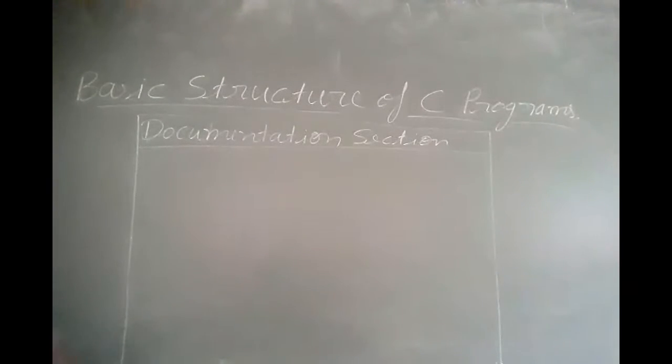We will elaborate on these things later, but we should focus on the structure of a C program. The first thing is the documentation section, which may or may not be present.